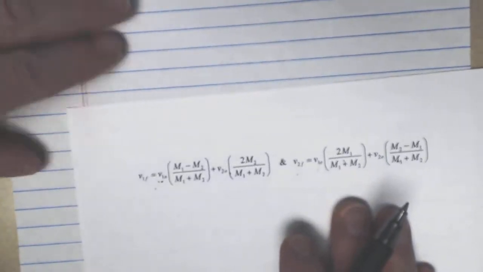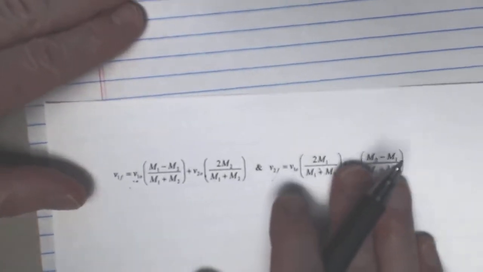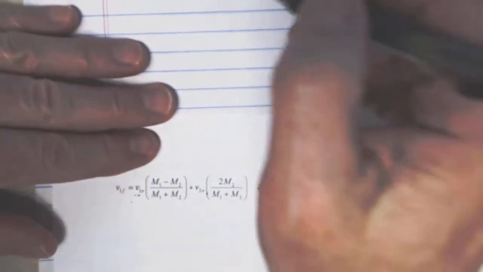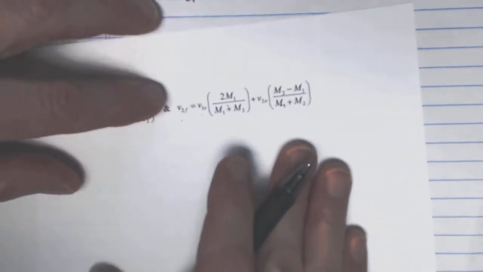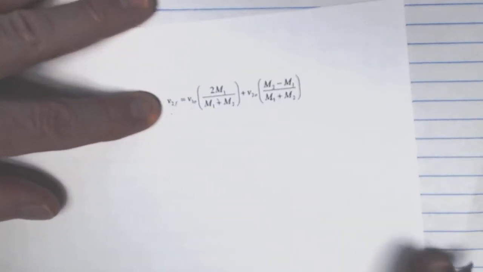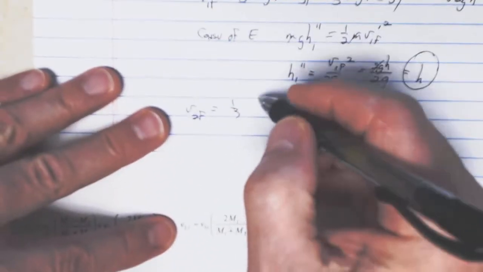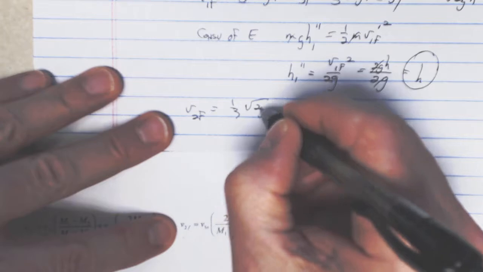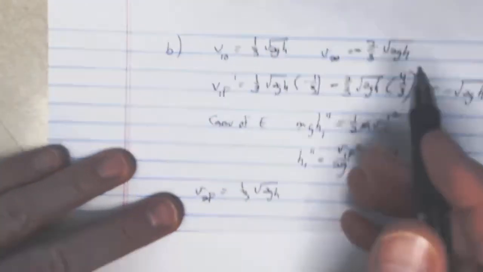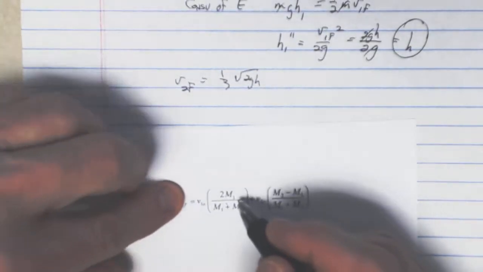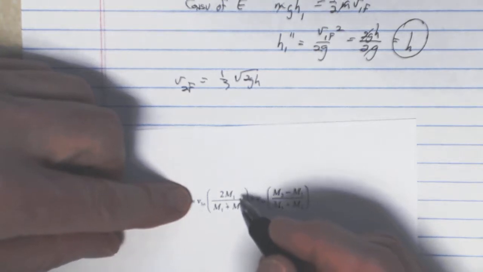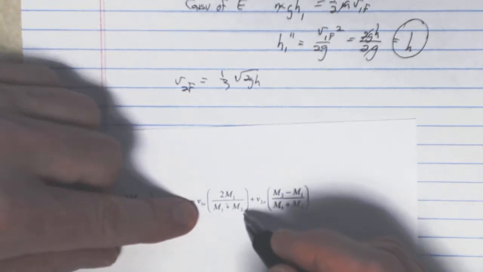Okay, so now let's analyze what happens to the second ball, the 2m ball. And so we do the same thing. After the second collision, it's going to have a velocity, and here we're using this expression. It's going to be equal to v1 naught, and v1 naught was 1/3 the square root of 2gh from up here, times 2m1 divided by m1 plus m2.